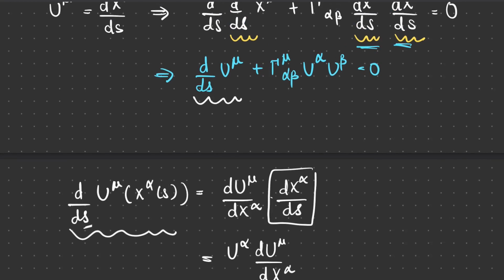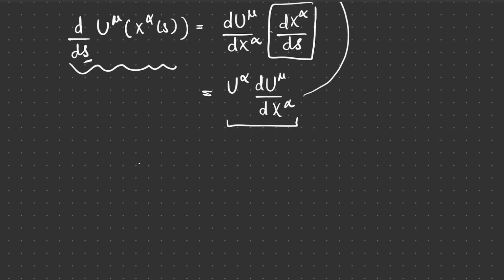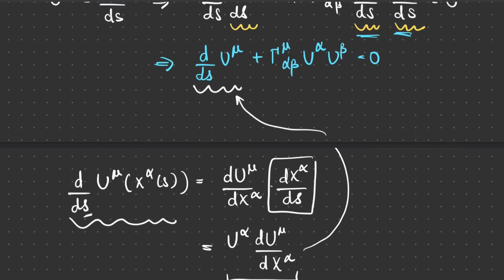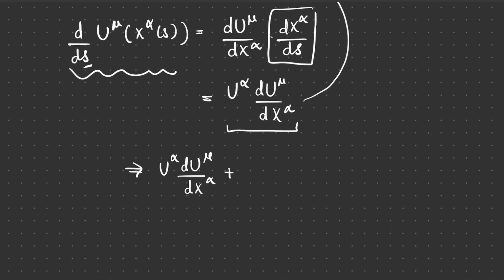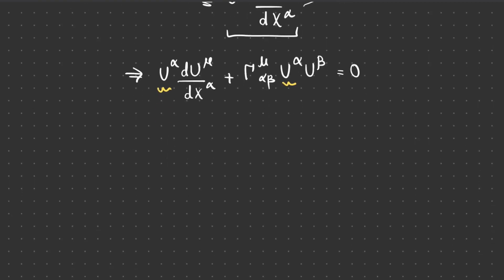And hence we can use this result to write our first term in the geodesic equation as u alpha du mu by dx alpha plus the Christoffel symbol multiplied by two terms of four-velocity, like this. And now I will just take out the u alpha as common.